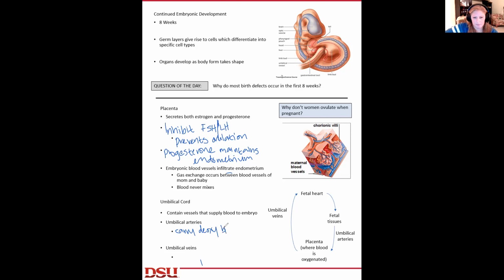Deoxygenated blood from fetal tissues to the placenta. The umbilical veins carry oxygenated blood from the placenta to the fetus.